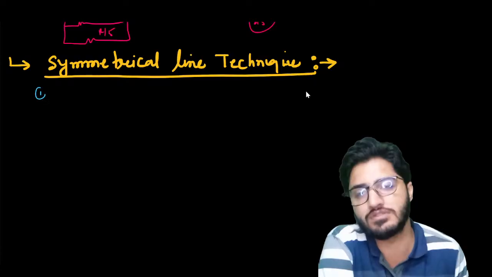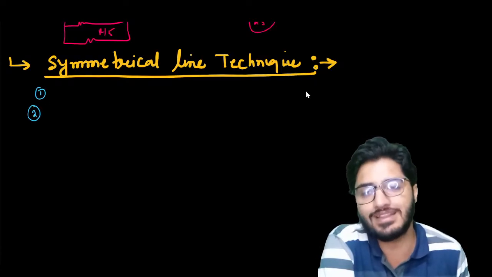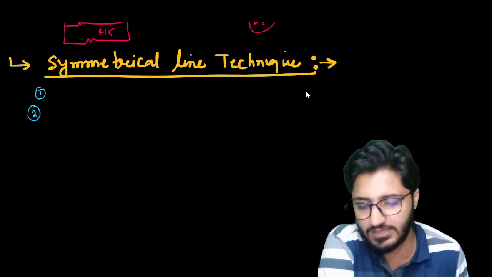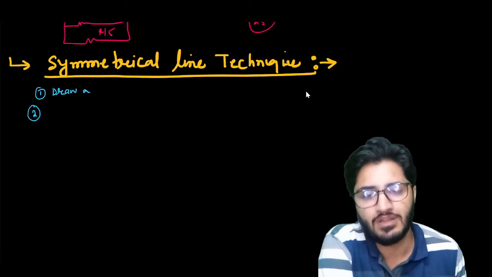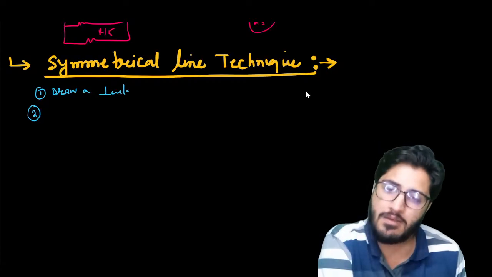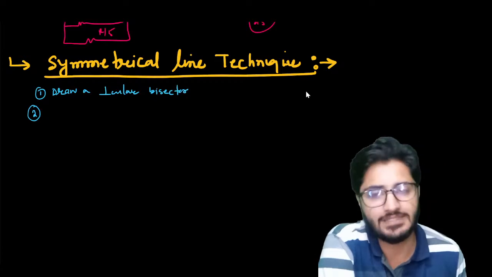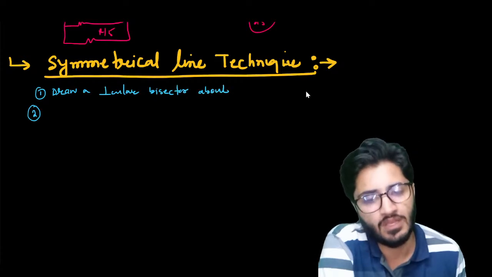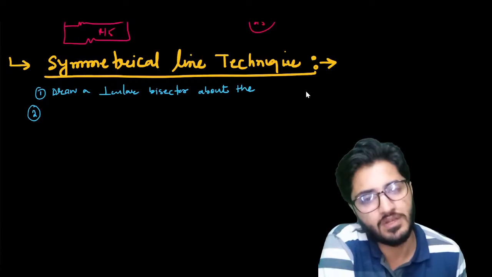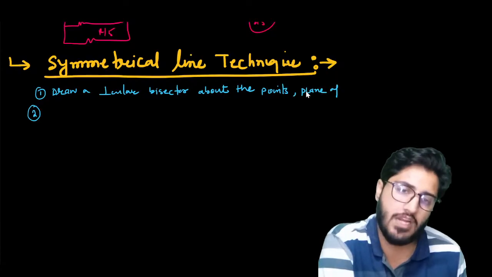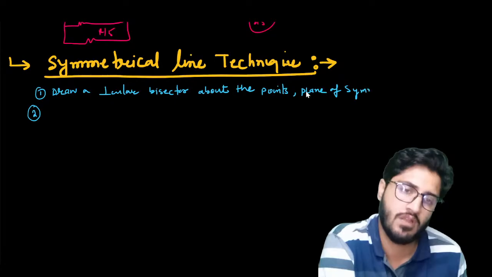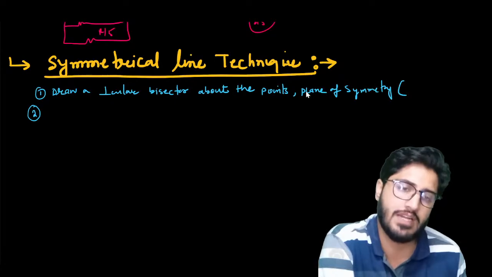When we are applying this kind of technique, we need to take care of two things. Firstly, draw a perpendicular bisector about the points or plane of symmetry, or you can write mirror image.